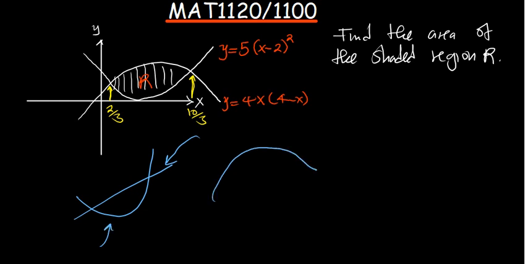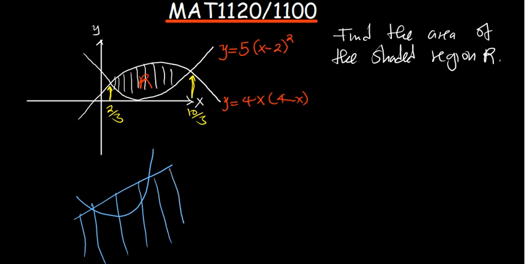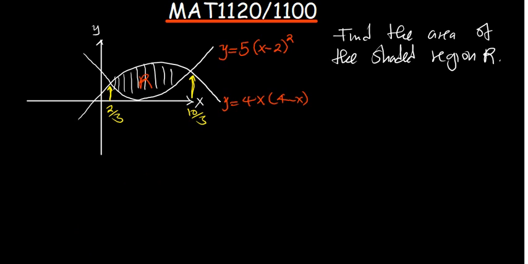So always first find the area of that thing which will give you maximum, and then you remove the area of the thing that gives you minimum. You see, what will remain is this region. So that is what we get to do.